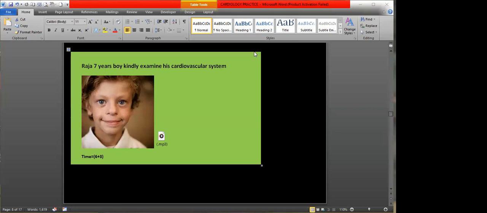Can anybody suggest what other features of Williams syndrome are present in this child? Any other suggestions? Stellate iris. He has got a happy face, a broad nasal nose, and the stellate iris has already been mentioned.